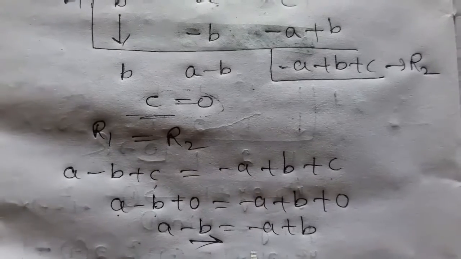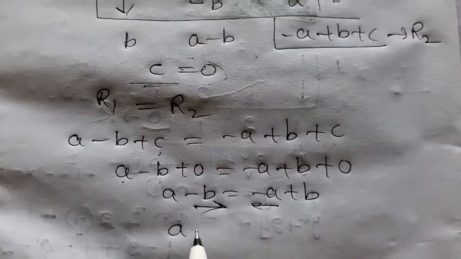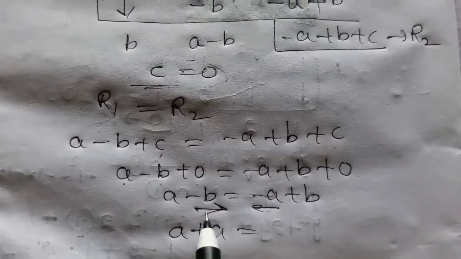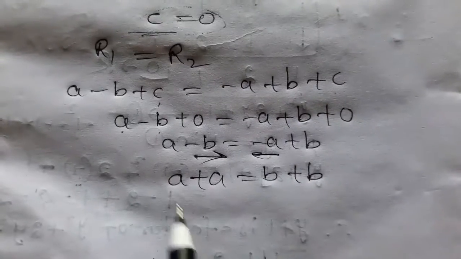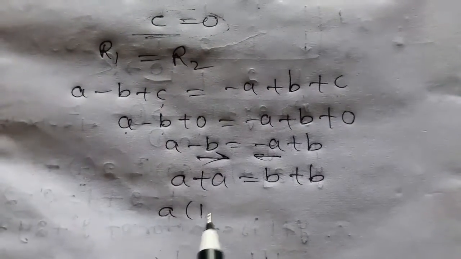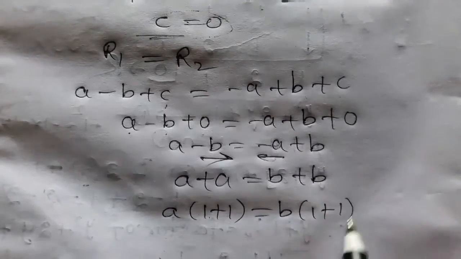Send this b that side, send this a this side. Whenever we are sending, sign should change. Now a plus a, that equals to b plus b. Now a is common, 1 plus 1, and here b is common, 1 plus 1.